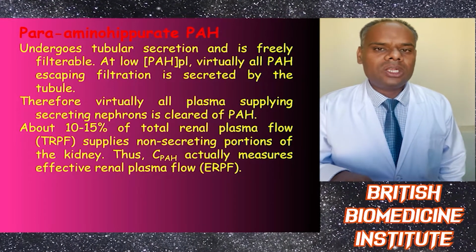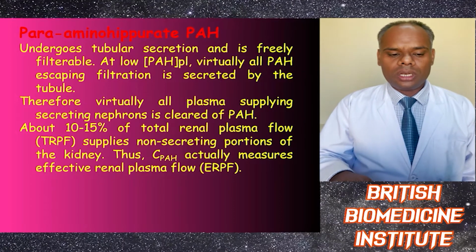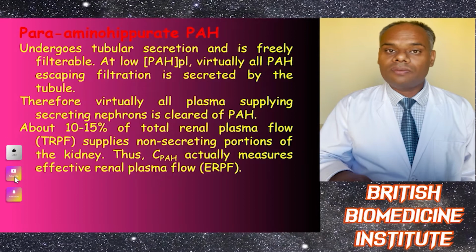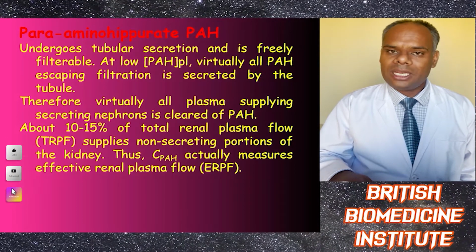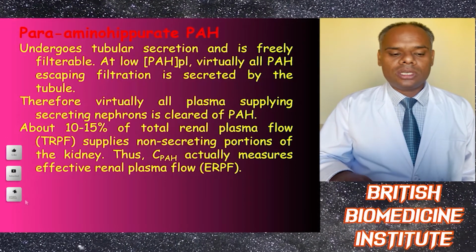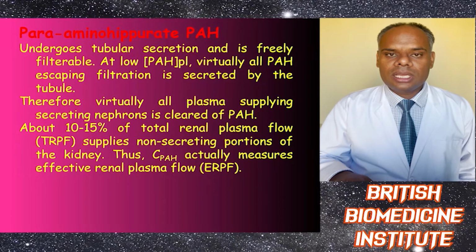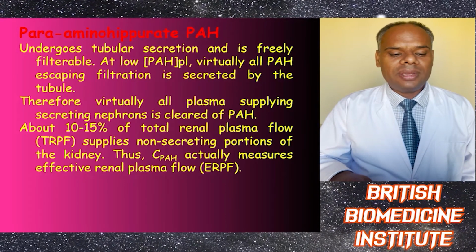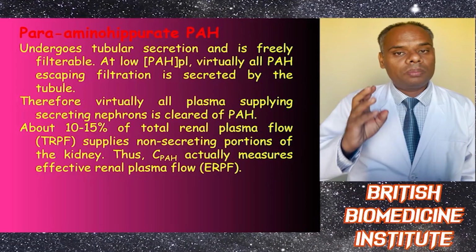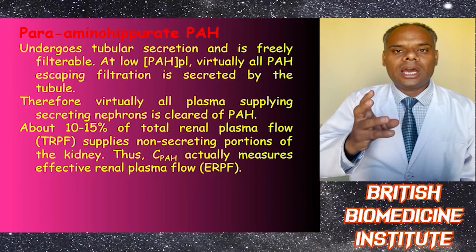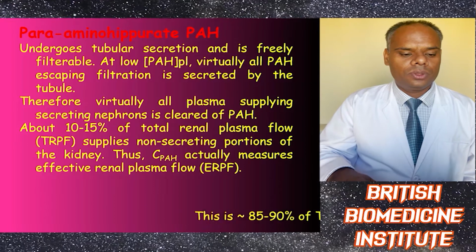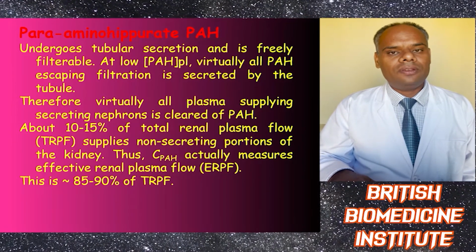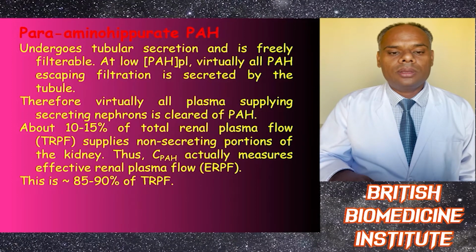About 10 to 15% of total RPF, total renal plasma flow, is supplied by non-secreting portions of the kidney. Thus, CPAH measures the effective renal plasma flow, or ERPF. So this is about 85 to 90% of TRPF.